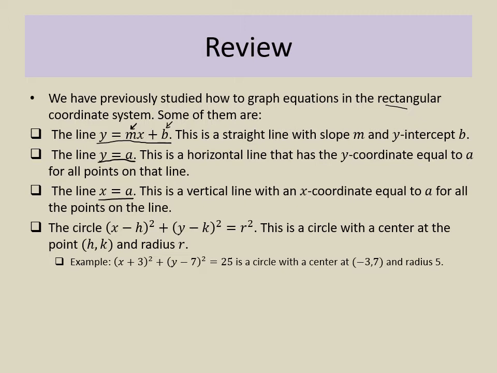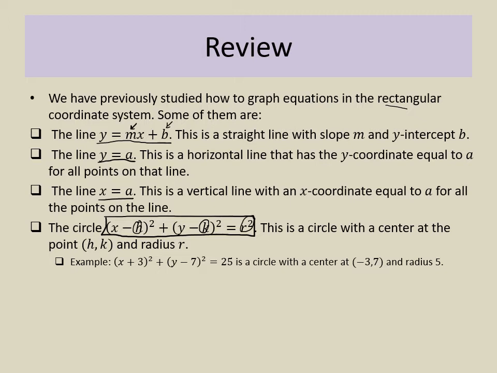The general equation of a circle is this: (x minus h) squared plus (y minus k) squared equals r squared. We know that in this format, the center of the circle is (h, k), and the radius of the circle is r.